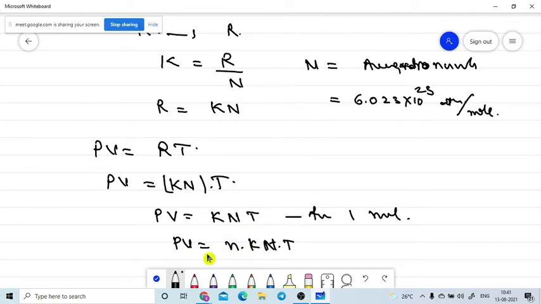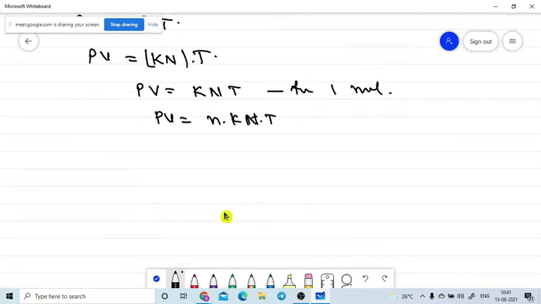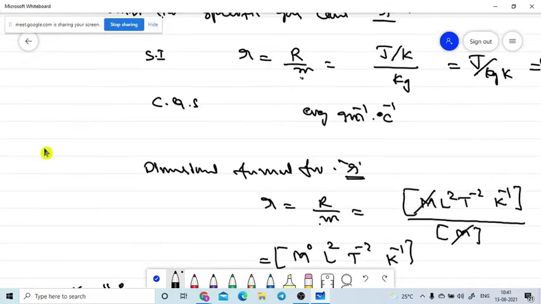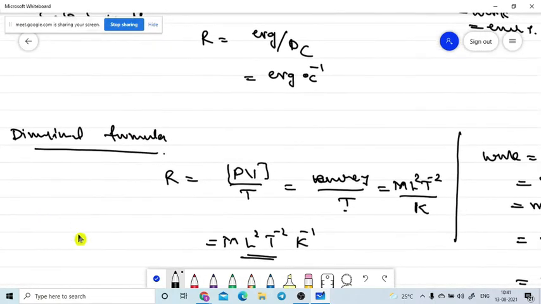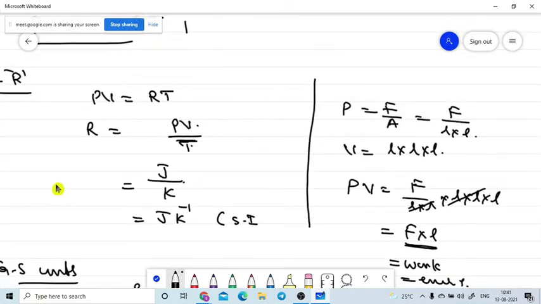So they may ask the question in terms of density also. If we take the density, we already derived, na? Ideal gas equation in density terms, we already derived, na? Let me go to the top. No, sir, no, we did not derive. No, sir, density. Let me do it here itself. PV is equal to RT.